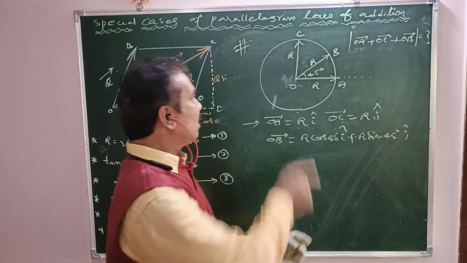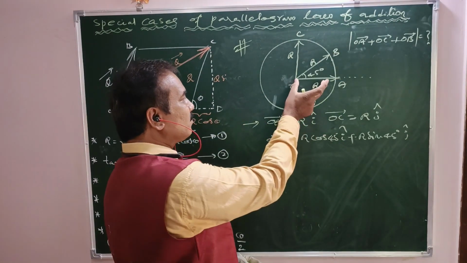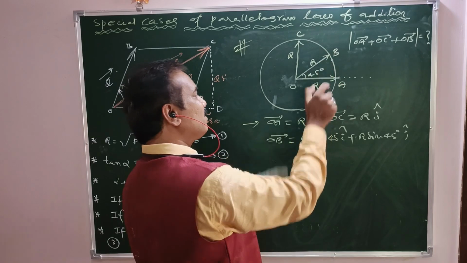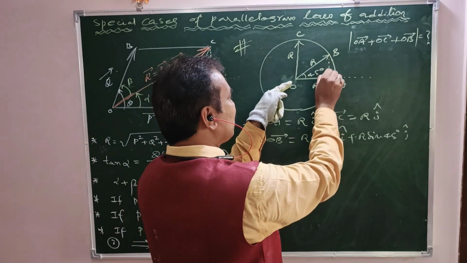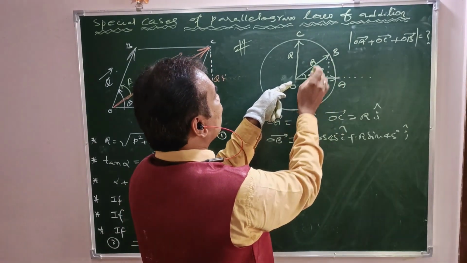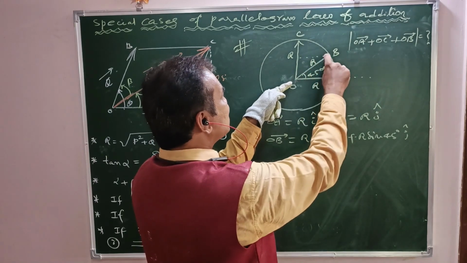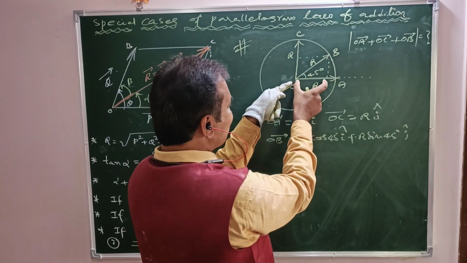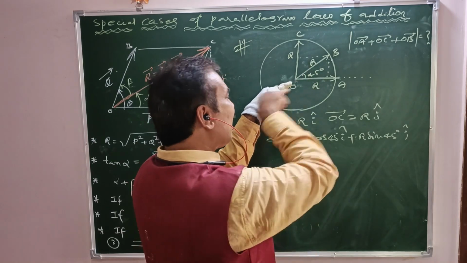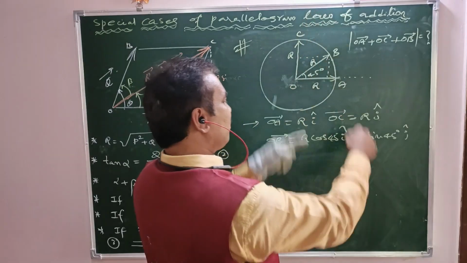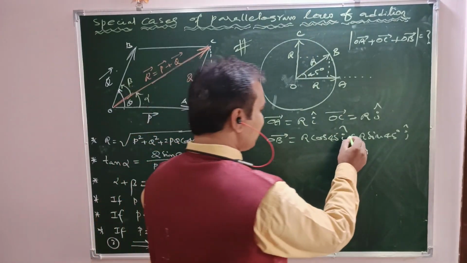Once again, OB bar means x component into i cap plus y component into j cap. The x component is this intersection, the y component is this intersection. This is x, this is y. So R x means R cos 45 into i cap plus, the opposite side, R sin 45 into j cap.